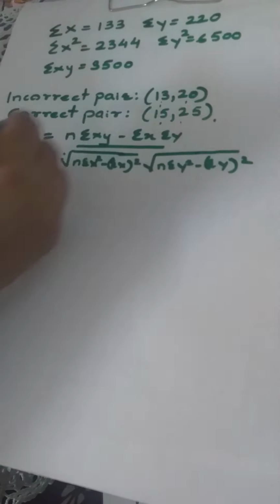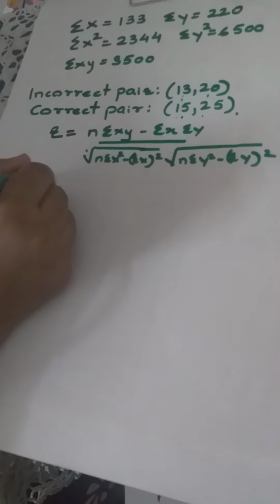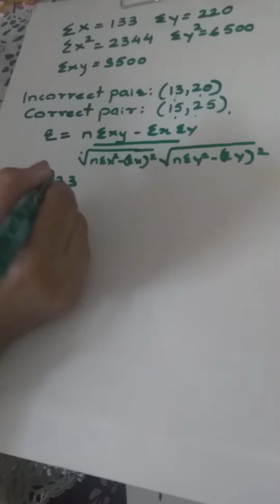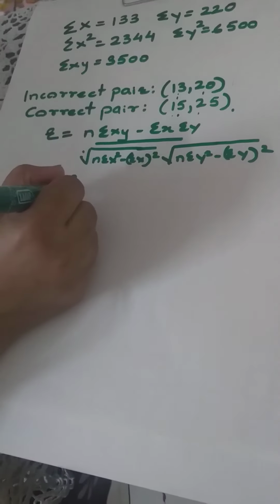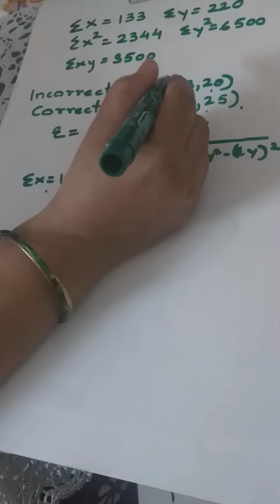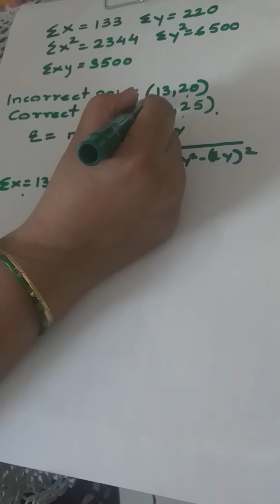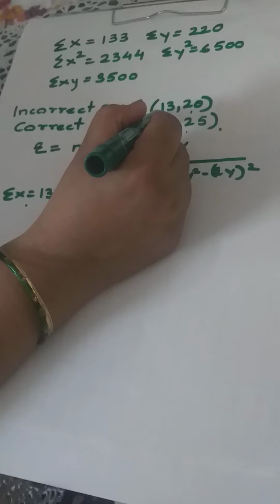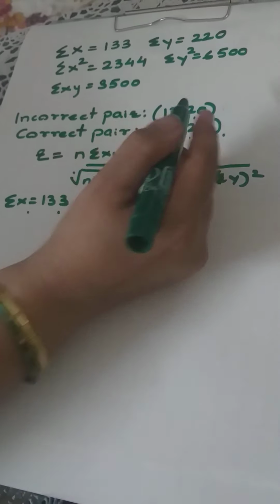So for the summation x, you can see here the summation x is given as 133. In order to correct it, the incorrect pair in which the x is 13, I should subtract from it and add 15 to it.